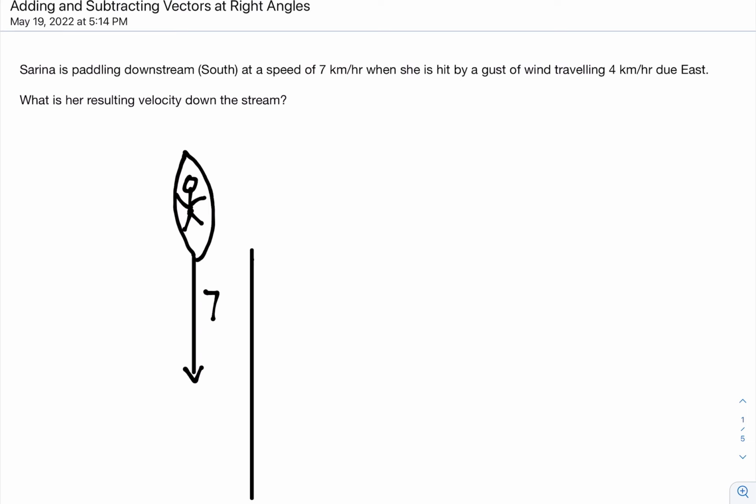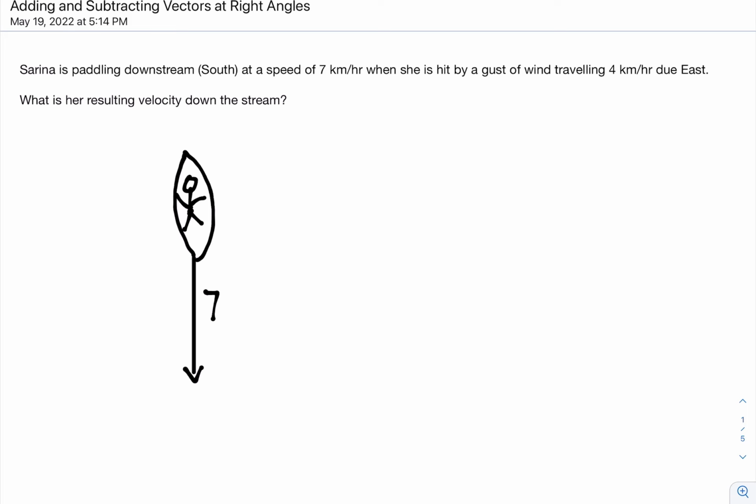So it's going to be longer than 7. If you're traveling 3 kilometers an hour, the vector to represent that is going to be much smaller than 7. Right? So the magnitude is just how big or small the thing is, and the direction is just the direction it's going.